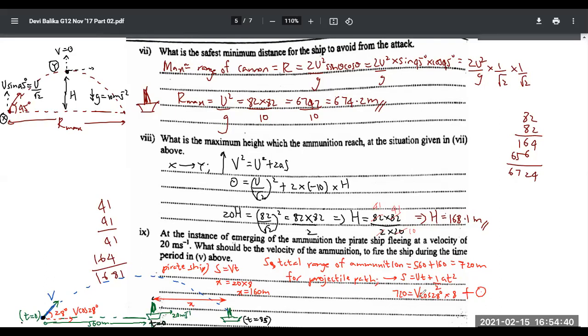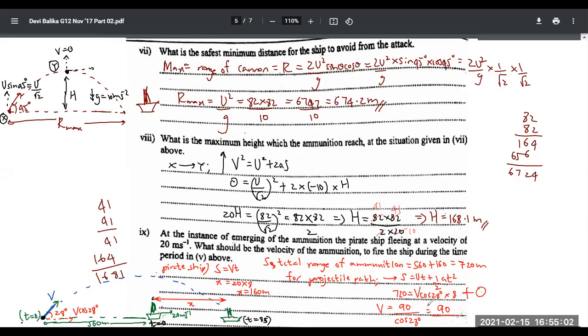Therefore, this 8 and 720, you can simplify, it will be 90. I am getting v equals 90 divided by cos 28. Right, let's check the logbook very quickly. Cos 28 from the logbook.